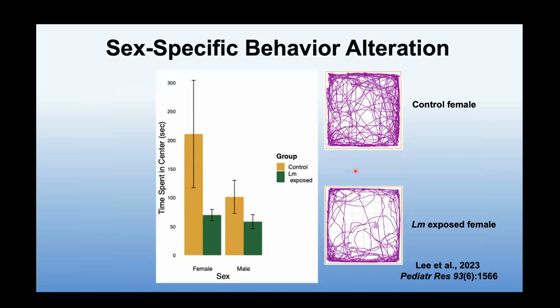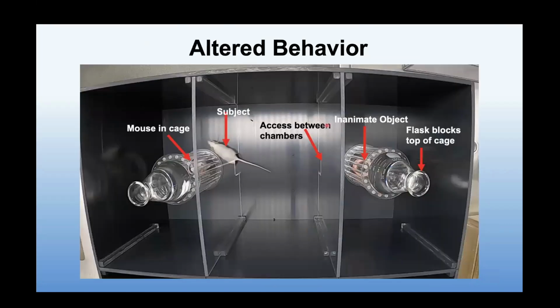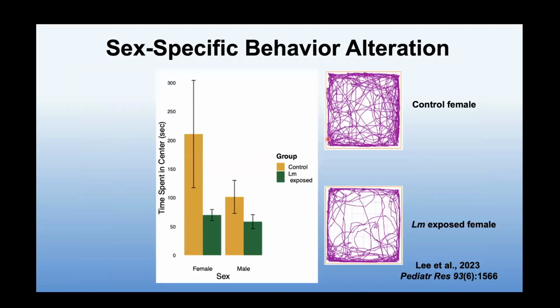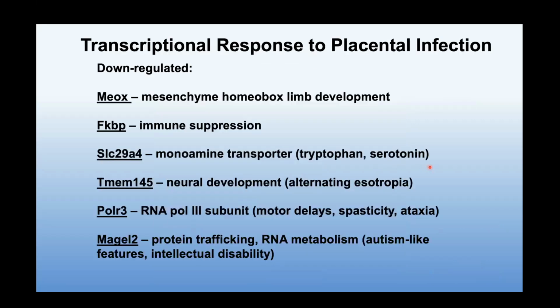On the other hand, we can remove all of these items from here and just watch the mice explore this space, and that's called open field exploration. We see that the control females exhibit normal behavior in this way. The affected females exposed to listeria hug the wall of the chamber, and that's a sign of elevated anxiety. And so those are greatly affected in females, but not significantly affected in males. So we see sex specificity in this.